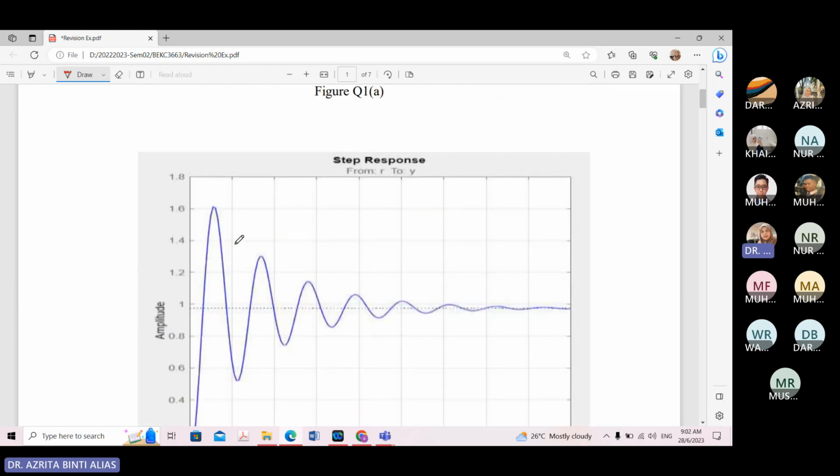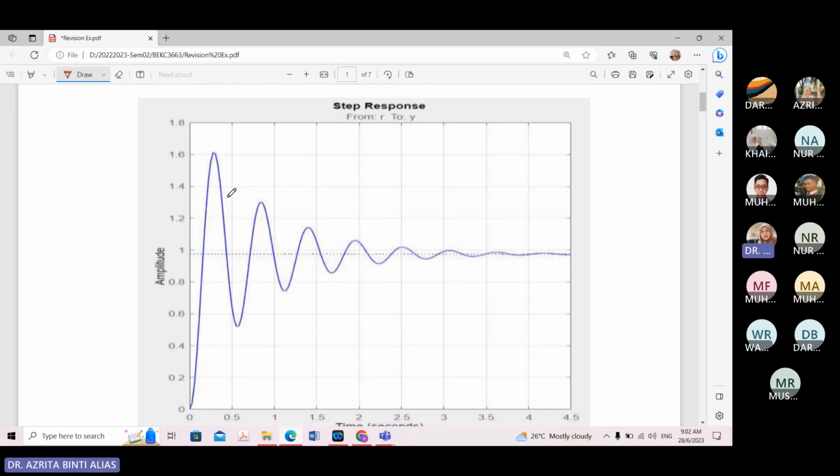From here, we can obtain the percentage of overshoot by using the formula. The formula for the percentage of overshoot is given by C maximum, where C maximum is the maximum amplitude.